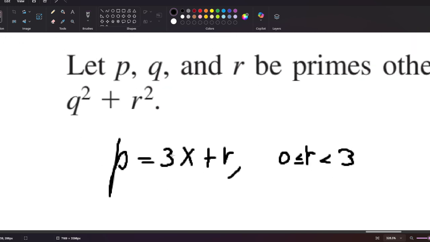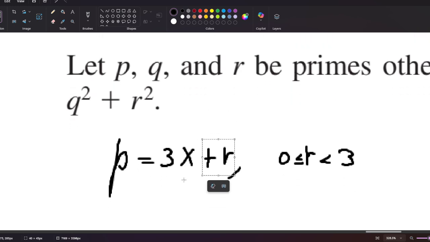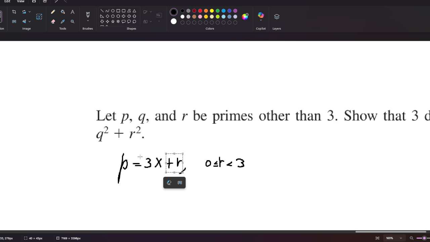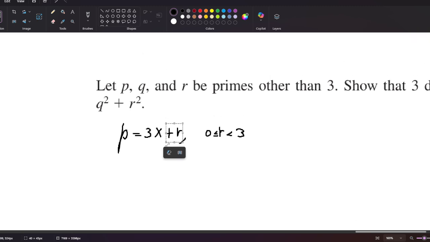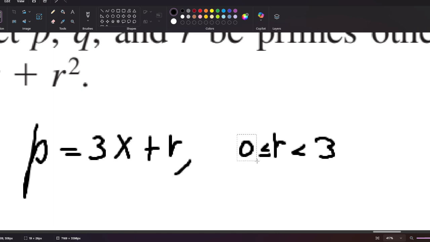Now, if we pick 0, this would be a multiple of 3, which wouldn't be prime, so it doesn't match the conditions. So we can tighten up the bounds. We can say that r is either 1 or 2.